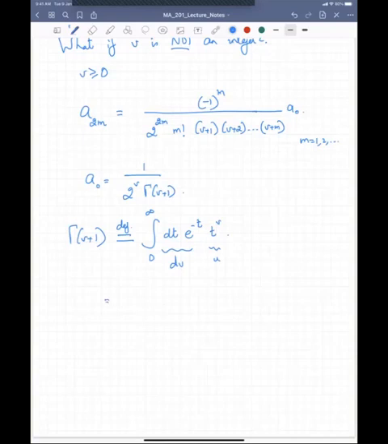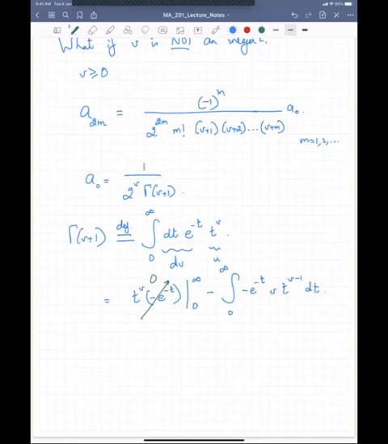This is basically t to the nu times minus e to the minus t between the limits infinity and 0, minus the integral from 0 to infinity of minus e to the minus t, and if I differentiate this, I would get nu t to the nu minus 1 dt. Okay. Now, if you look at the boundary term, if I put t to infinity, the e to the minus infinity part is going to go to 0. And if I put t to 0, the t to the nu is going to go to 0. So in both these limits, the boundary term vanishes. So this basically goes to 0.